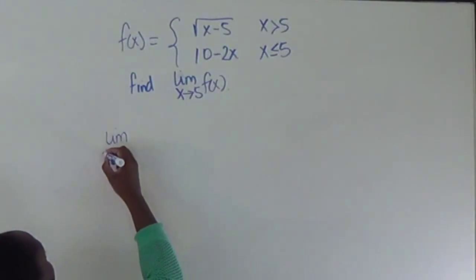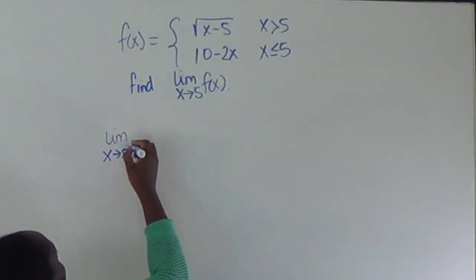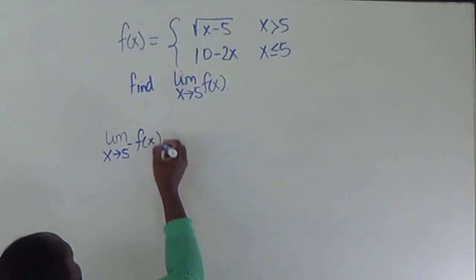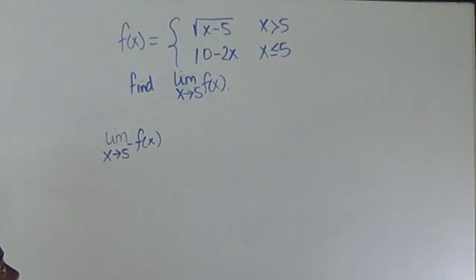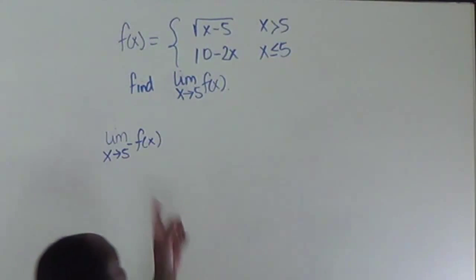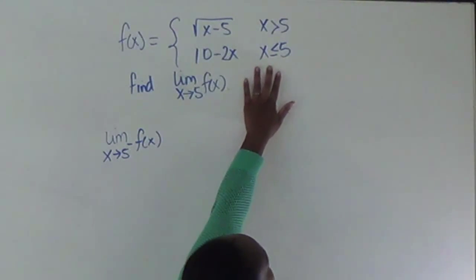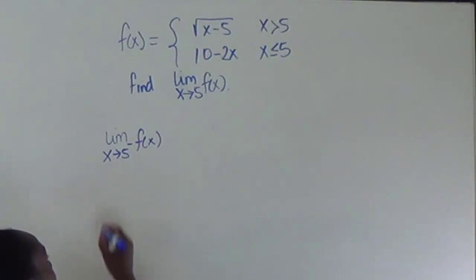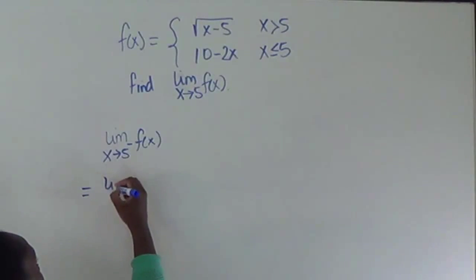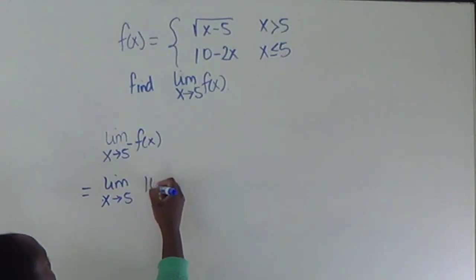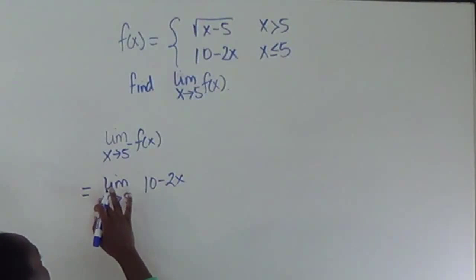So if I look at the limit as x goes to 5 from the negative side of f of x, well, for a piecewise function, it's kind of defined for me since it's breaking at that point. So for less than 5, or the negative side of 5, I'm looking at the bottom piece of the function. So this means I'm looking at the limit as x goes to 5 of 10 minus 2x.